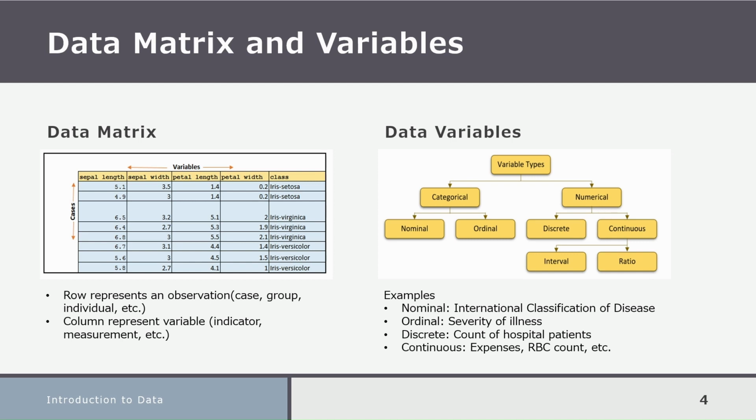Other examples for continuous data include the recording of heart rate, the blood pressure of the patient, and the changing lab values.